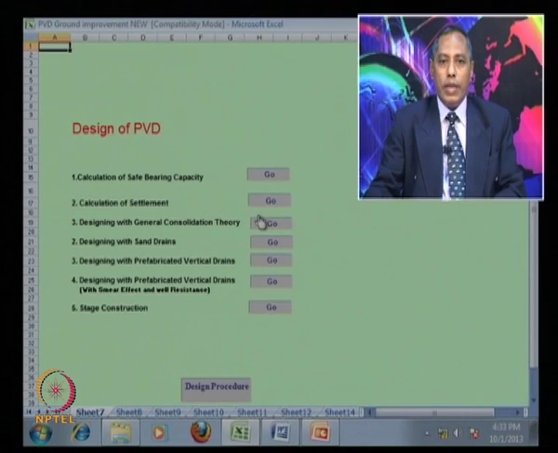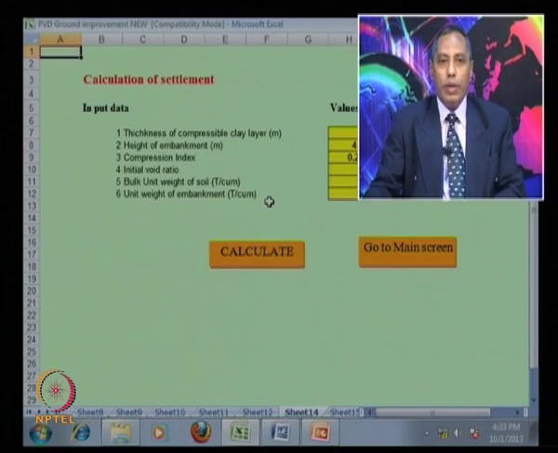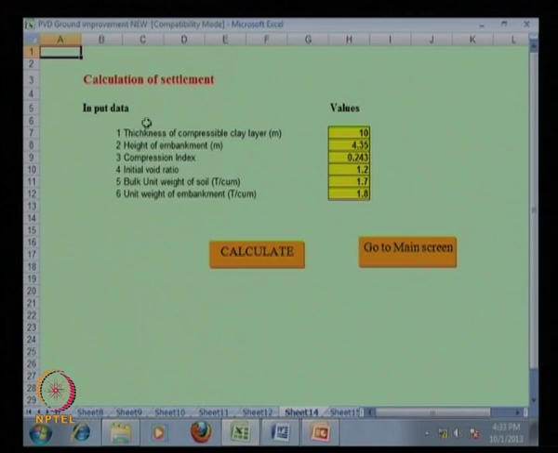Next, you calculate the settlement. So, for the settlement the input data is: thickness of the compressible clay layer is 10 meter, height of the embankment is 4.35 meter, compression index is 0.243, initial void ratio 1.2, bulk unit weight of the soil 1.7 ton per cubic meter, unit weight of embankment is 1.8 ton per cubic meter.